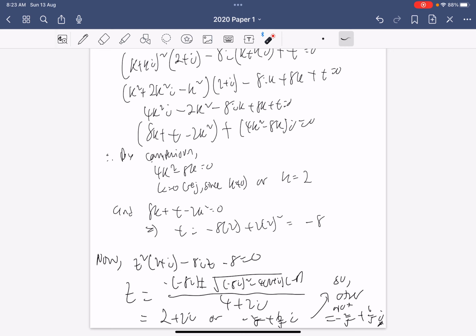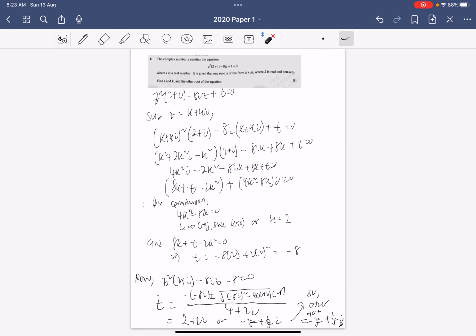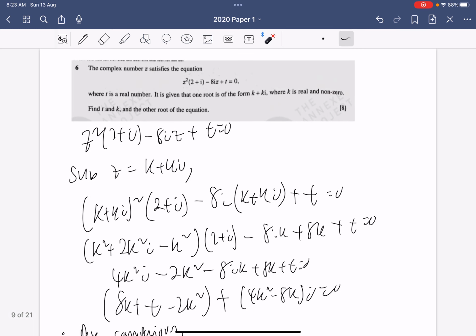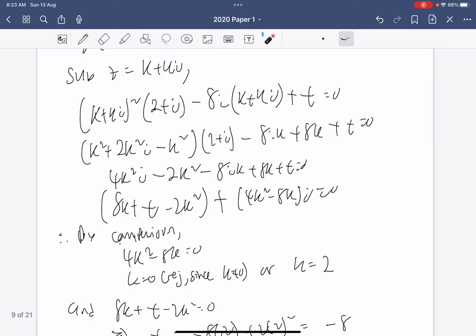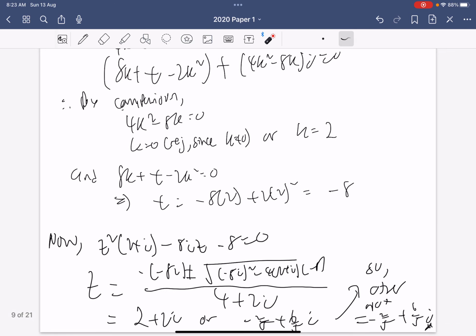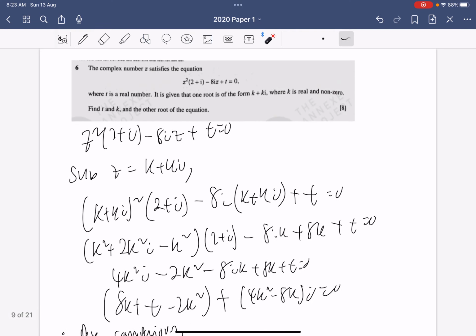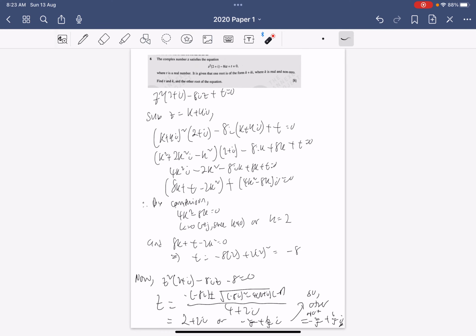Since we already know k plus ki is one solution, the other root has to be minus 2 over 5 plus 6 over 5i. While this seems tedious, and it is, you don't have much information to play with, so the best you can do is just sub in and see where it goes. And because the questions will lead you on, you are able to solve it naturally in that order.